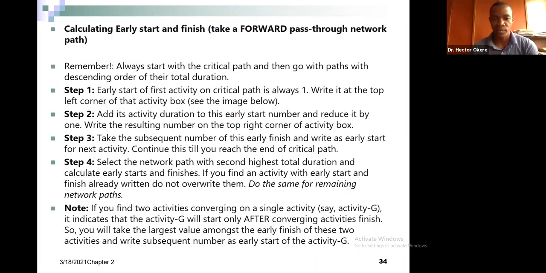So also you need to learn how to calculate early start of an activity, and okay, remember to always start with the critical path. So when calculating your early start, early finish, late start or late finish of each activity, you must start with your critical path.